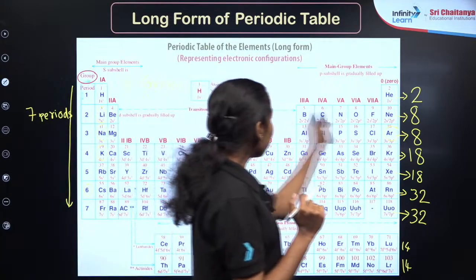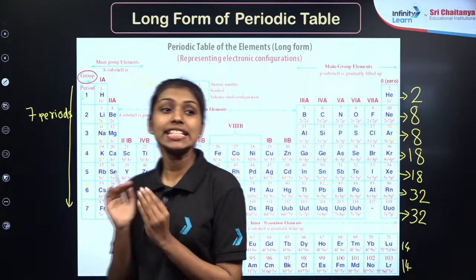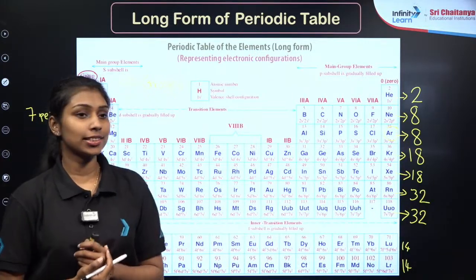Okay, which one is the shortest period here? Which one is the shortest period here among these 7 periods? Any guess?